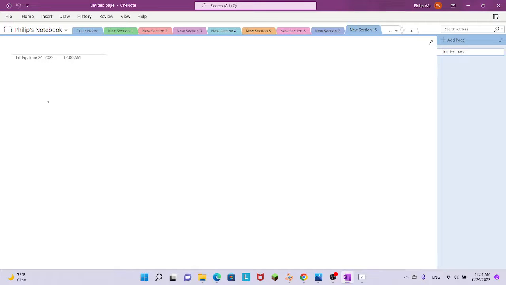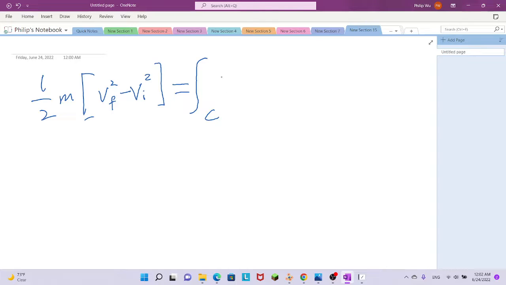So we want to rigorously prove that one half times the mass of our object times the difference in the squares of the velocities at the extremes is equal to the line integral of force with respect to our position vector, which will be expressed in a small differential displacement.